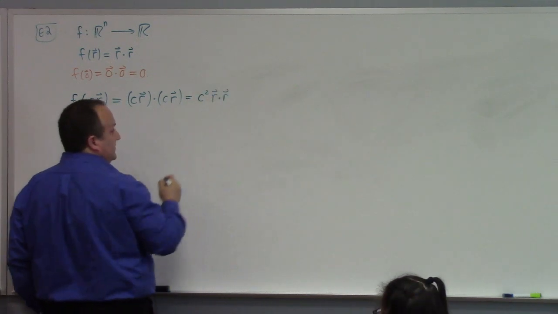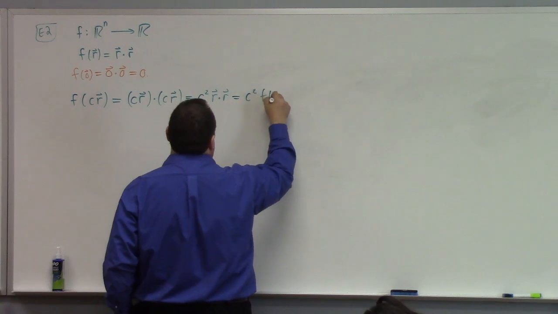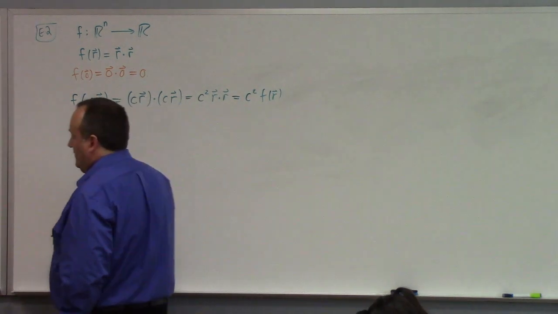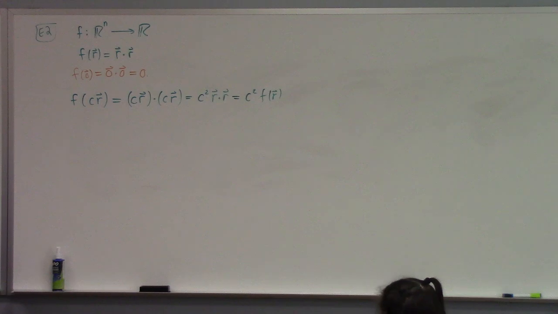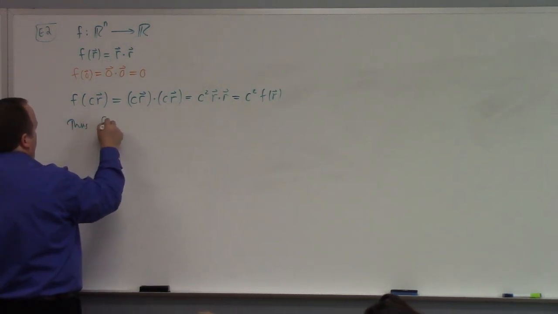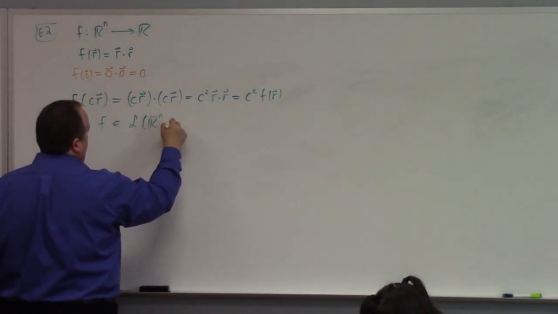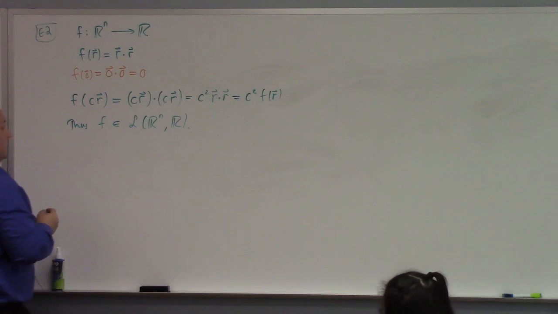By properties of the dot product, which is c squared f of r. So we don't have homogeneity. We don't have part 2 of the definition. So thus f is not linear. It's not a linear transformation from Rn to R. It's something else.